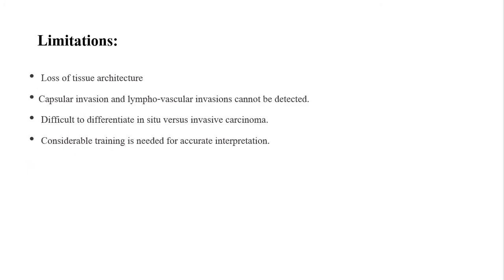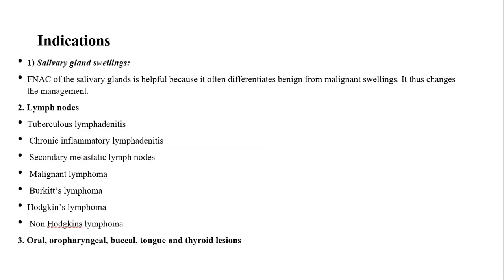The limitations of FNAC are: there is loss of tissue architecture, capsular invasion and lymphovascular lesions cannot be detected, it is difficult to differentiate in situ versus invasive carcinoma, and considerable training is needed for accurate interpretation. Indications of FNAC: in case of salivary gland swellings, FNAC of the salivary gland is helpful because it often differentiates benign from malignant swellings.